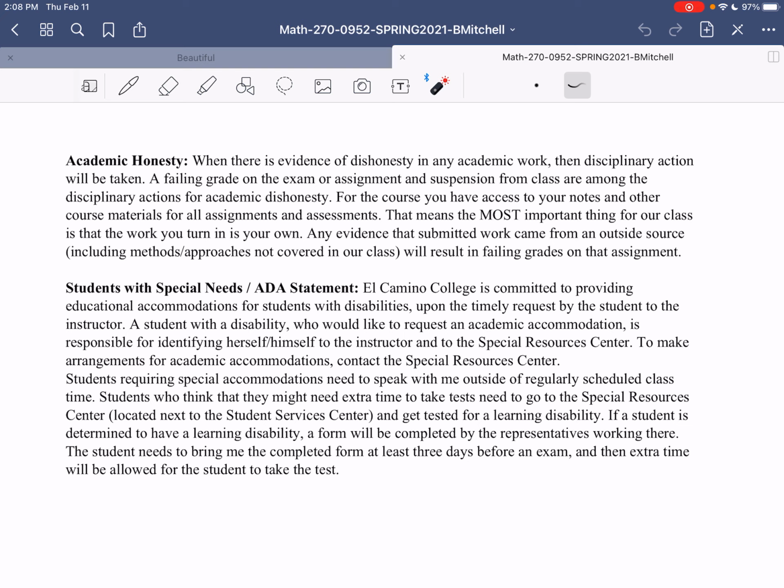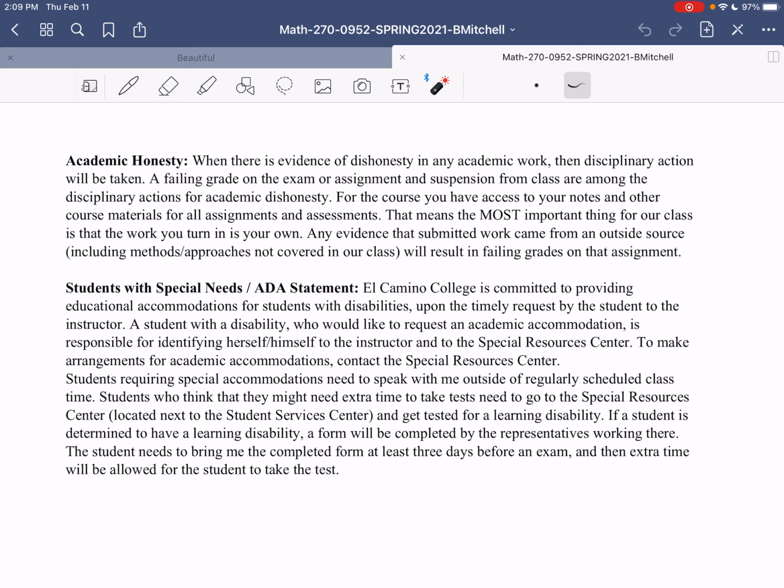This class is really for your benefit, right? It's for you as the students to learn and be introduced to these two big branches of mathematics that extend so far out into so many other fields. I really want to make sure everybody gets the most they possibly can.